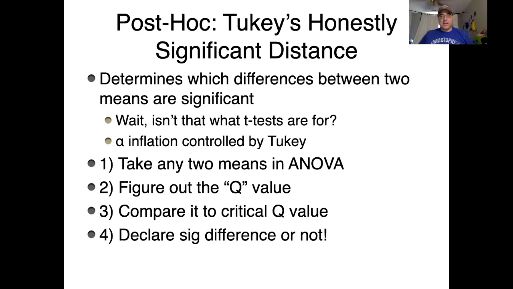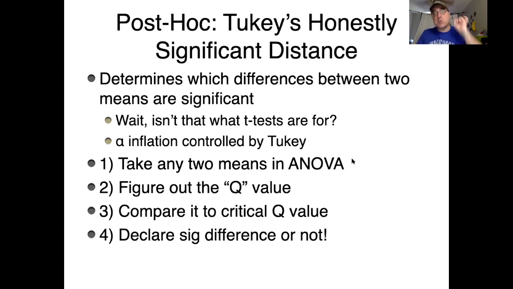Okay, so what we're going to do is this thing called a Tukey's honestly significant difference. The Tukey's test takes into account how many different tests you're going to be running and keeps the alpha under control by slightly edging up the criteria you would need to declare the difference between two means to be statistically significantly different. And here's how it works. All right, you take any two means in the ANOVA, you figure out between those two means, not x bar sub 1 minus x bar sub 2, not their t value, but their q value.